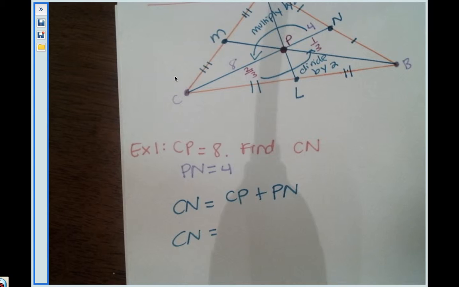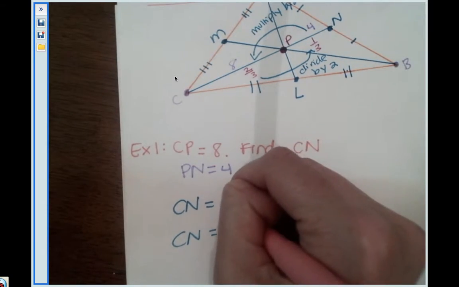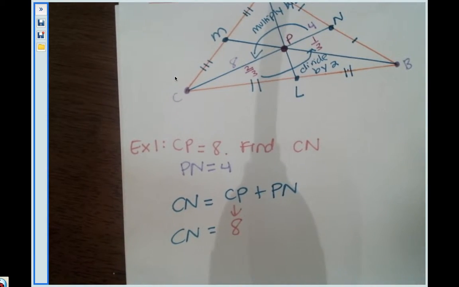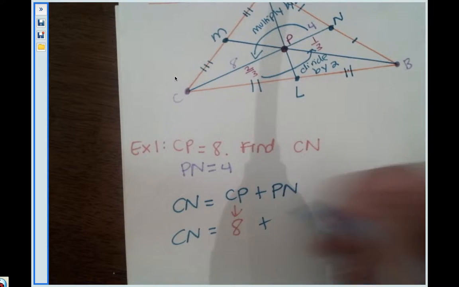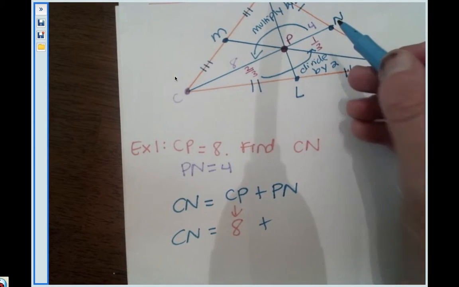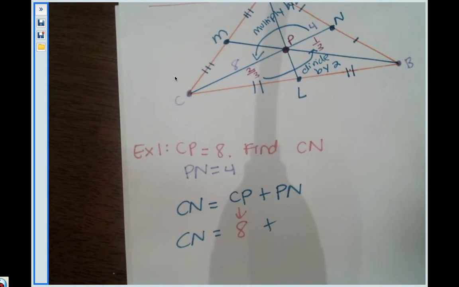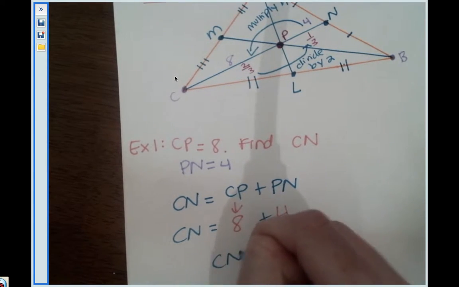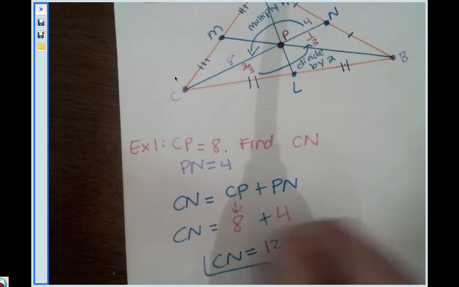It is 8. So 8 plus PN, and what is PN? It is 4. So CN is going to be 8 plus 4, which means CN equals 12 in this scenario.